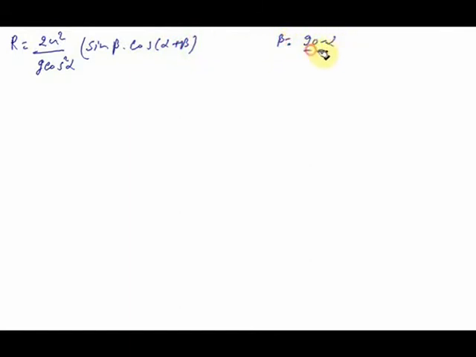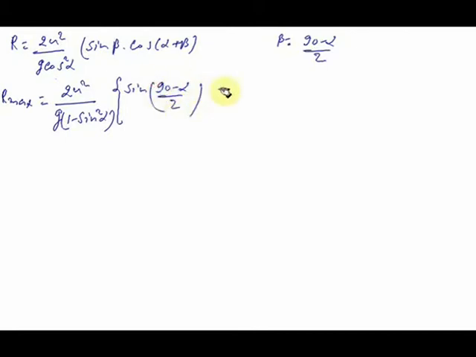Now beta is nothing but 90 minus alpha by 2 for maximum range, so R max would be 2u square by g into cos square alpha. Now we can write cos square alpha as 1 minus sine square alpha, and inside the bracket we'll put the value of beta, that is sine 90 minus alpha by 2, and here it will be cos 90 plus alpha by 2.